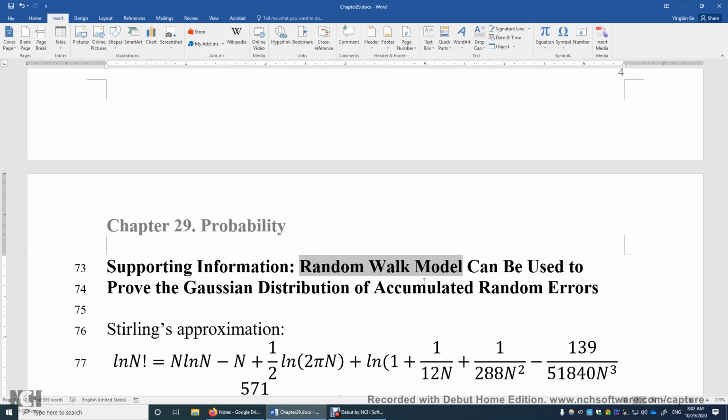So we can calculate the probability of finding that drunk person 1,000,000 steps away from the initial position, or 1,000 steps away, or 0 steps away from his initial position.